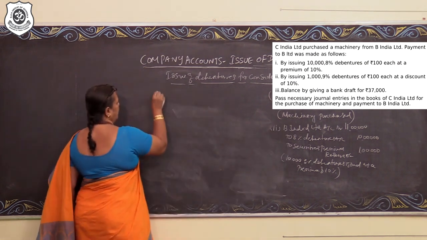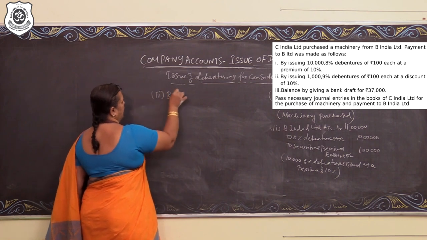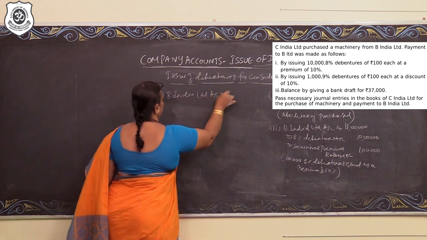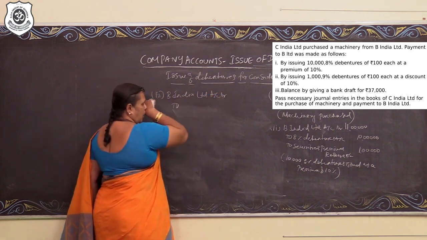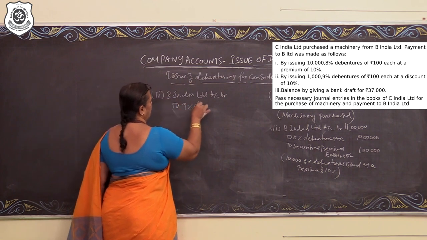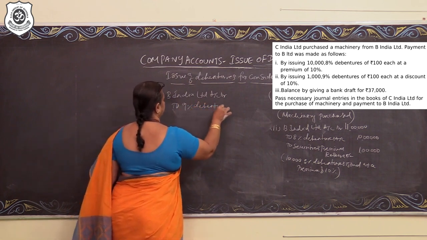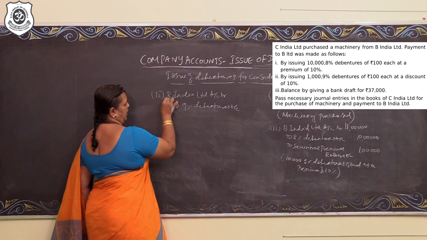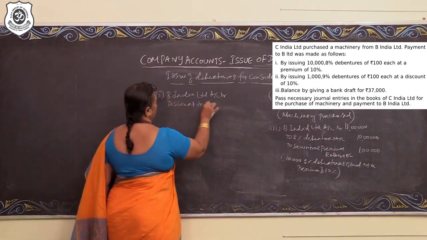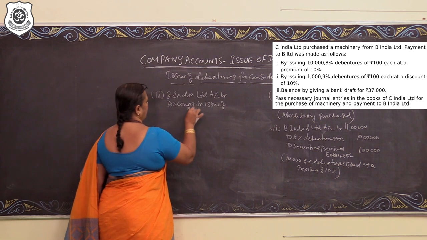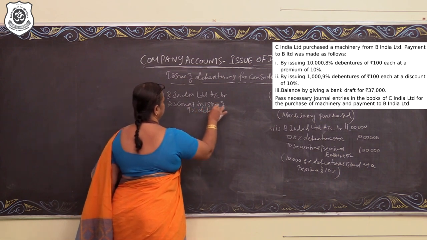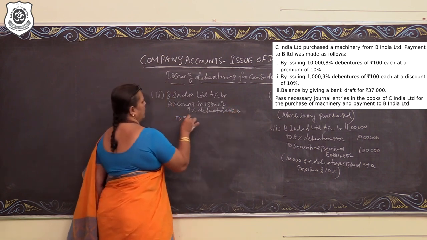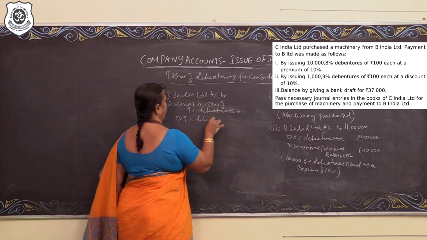Now, the third entry will be for issue of 1,000 debentures at a discount of 10%. So, third entry, B India Limited account debit to 9% debentures account. They are issued at a discount. So, B India Limited account debit, discount on issue of 9% debentures account debit to 9% debentures account.